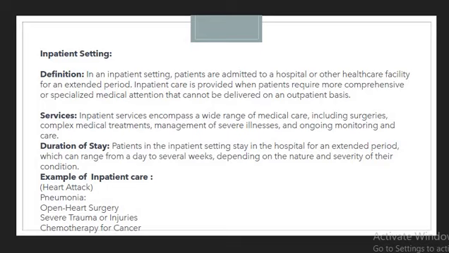Then what are the services that come under this inpatient setting? Inpatient services encompass a wide range of medical care, including surgeries, complex medical treatment, management of severe illness, and ongoing monitoring and care. Why? Because as I told you, it is a major issue.